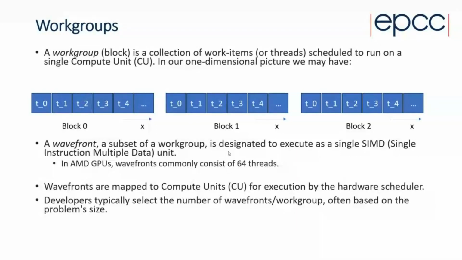Where this discussion around wavefronts and warps becomes important is there are limits on the number of different wavefronts or warps that can operate at the same time on a particular compute unit, and the number of threads that can be in a given block. And these are limits in hardware.